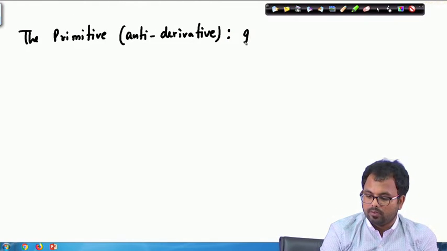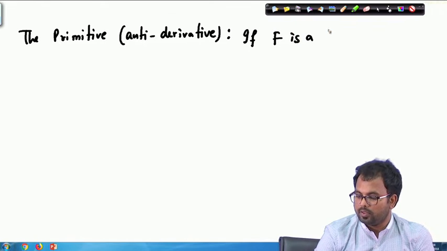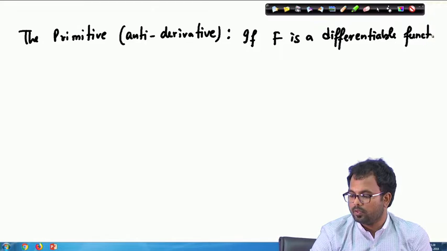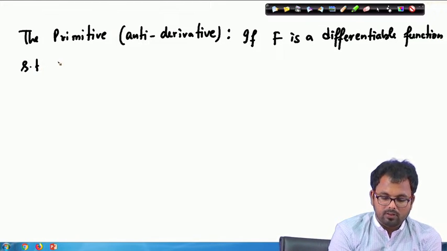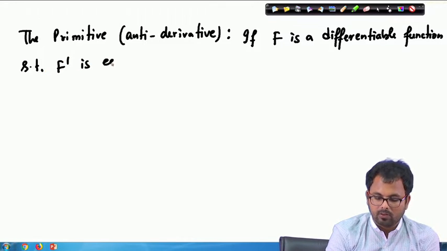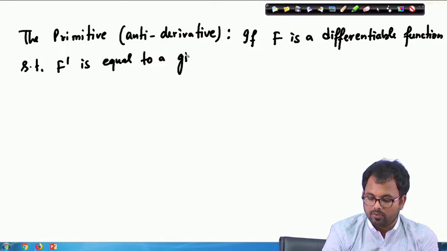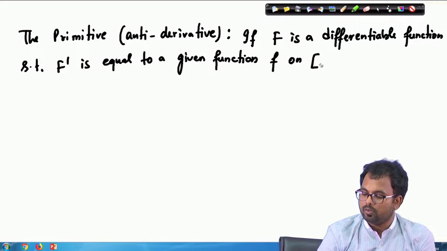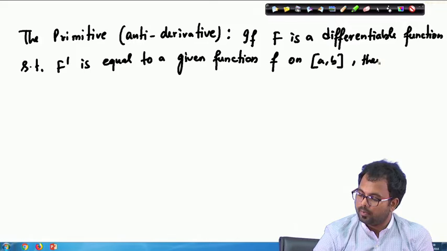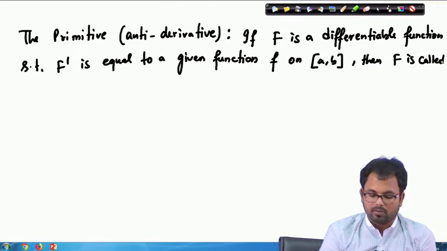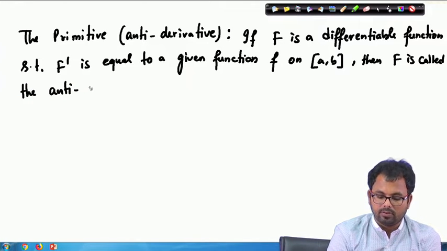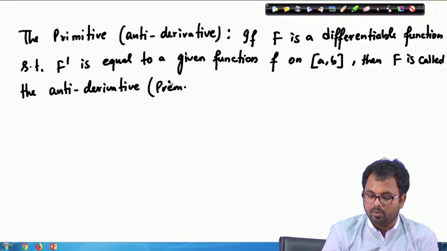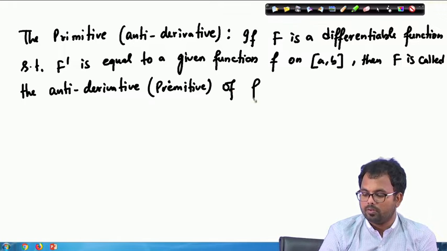The definition is: if F is a differentiable function such that F dash is equal to a given function f on the closed interval a comma b, then the function F is called the antiderivative or the primitive, whichever you prefer, of the function f.